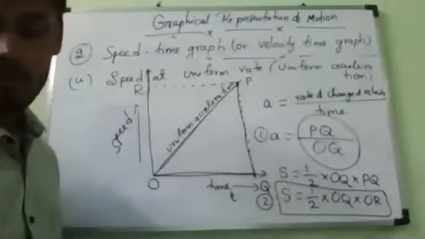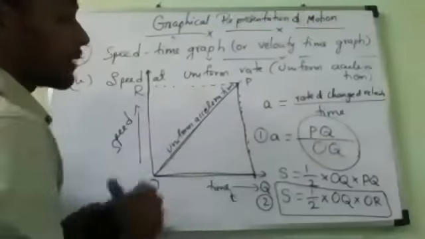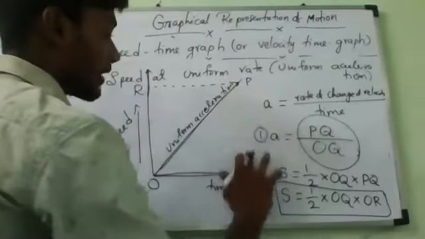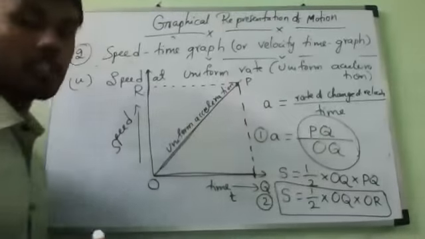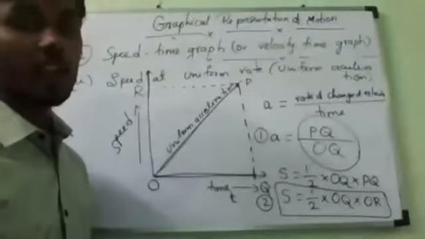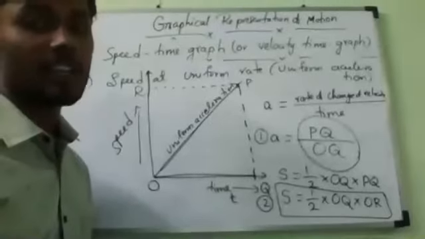What graph, sir? This is a speed-time graph, uniform rate. When the speed is changing at a uniform rate, then we can use this one. From this graph, we can calculate both acceleration as well as distance.